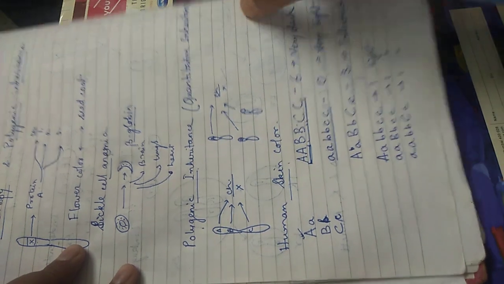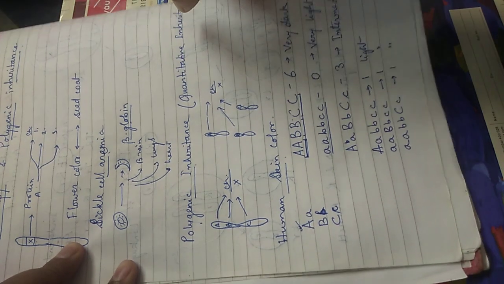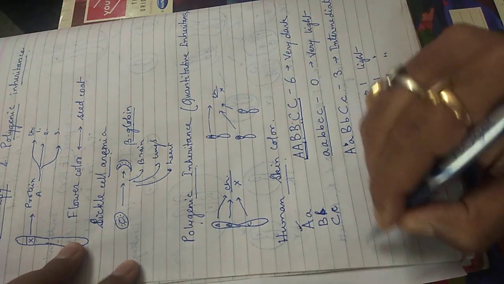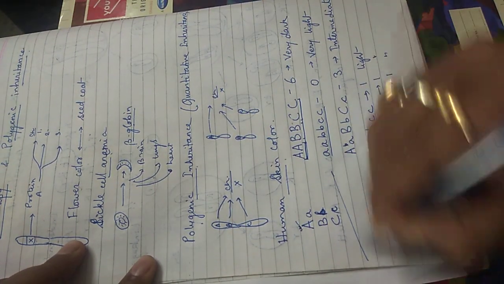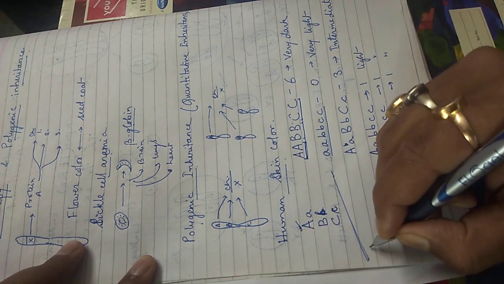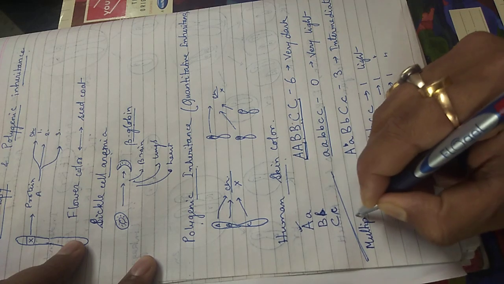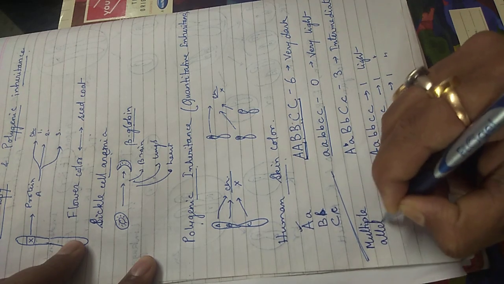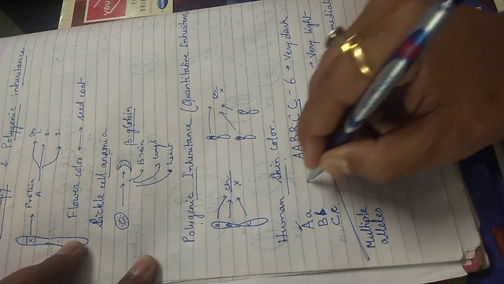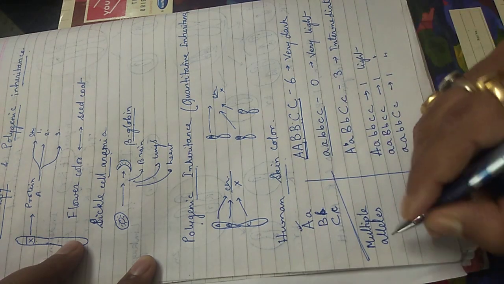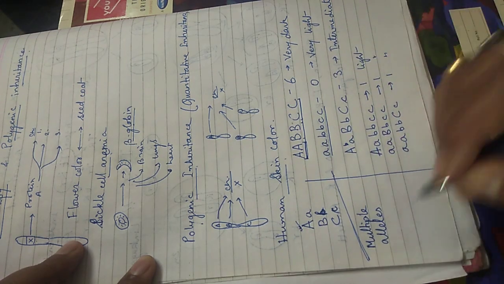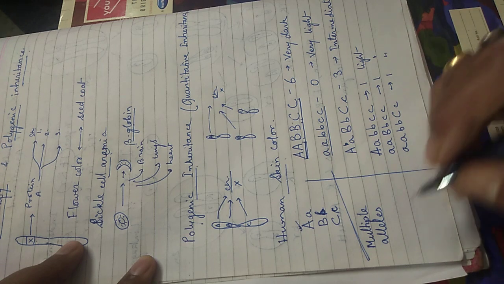Now we should understand one difference, that is the difference between polygenic inheritance and what we learned earlier, multiple allelism, or multiple alleles. What is the basic difference? For multiple alleles, we discussed the inheritance of human blood group.